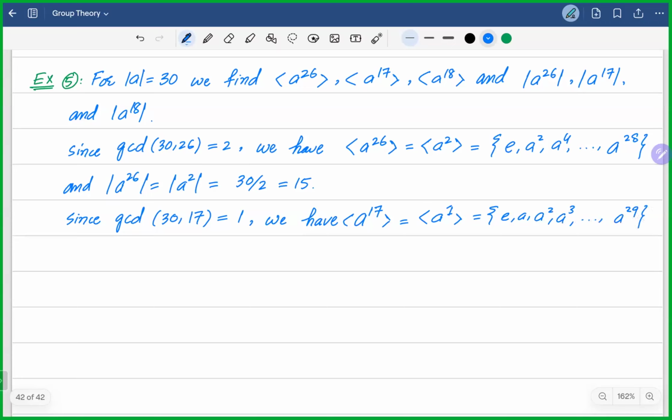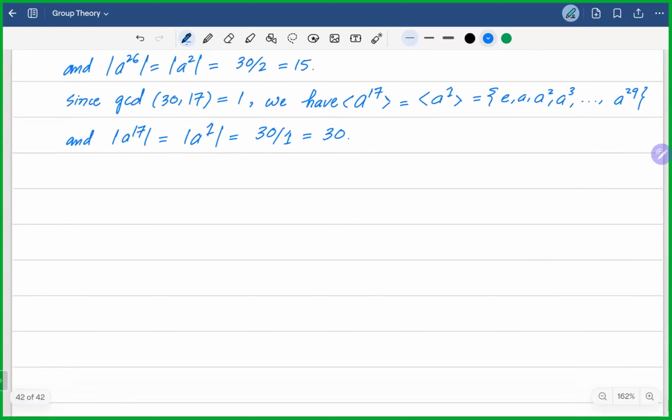Okay, and the order of a power 17 is equal to the order of a power 1, that is going to be 30 over 1, which is equal to 30.